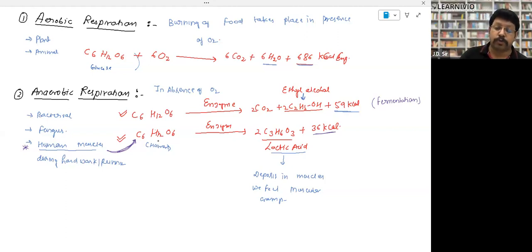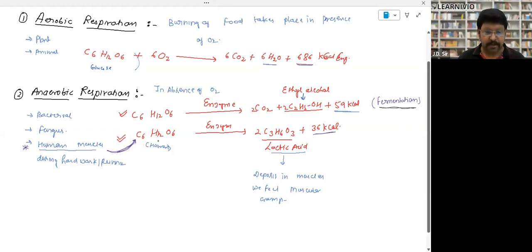Two molecules of CO2 are created, and in place of water, try to understand, in aerobic respiration, water formation takes place, but in anaerobic respiration, formation of alcohol takes place. Less energy is generated, 59 kilocalorie. That's why I have written that this is fermentation. So in case of fermentation, this kind of reaction takes place.